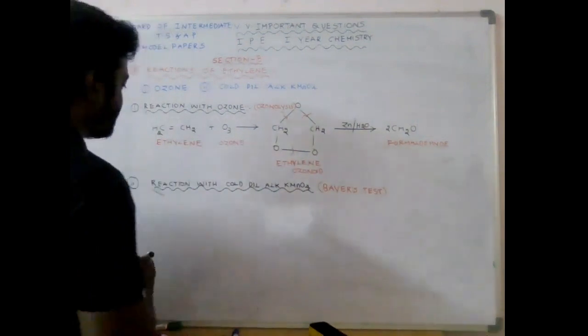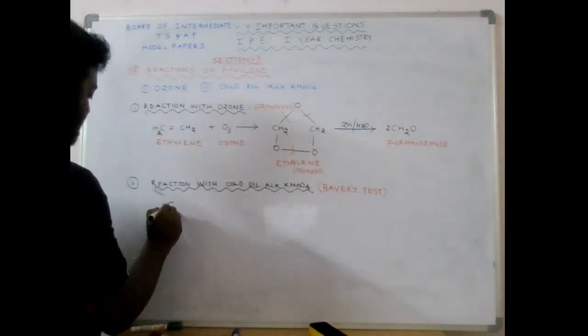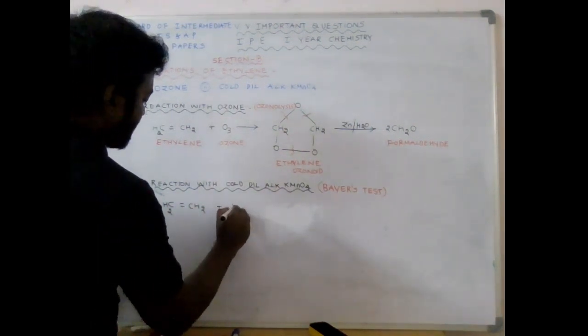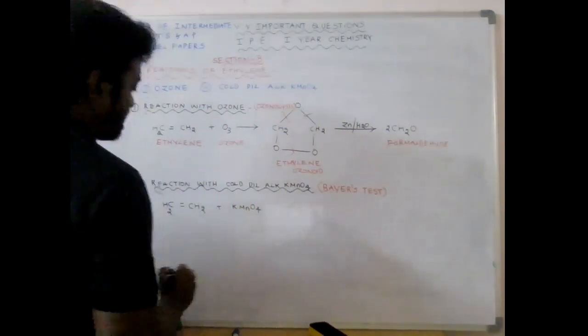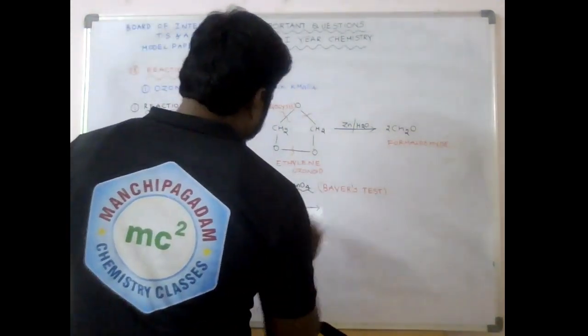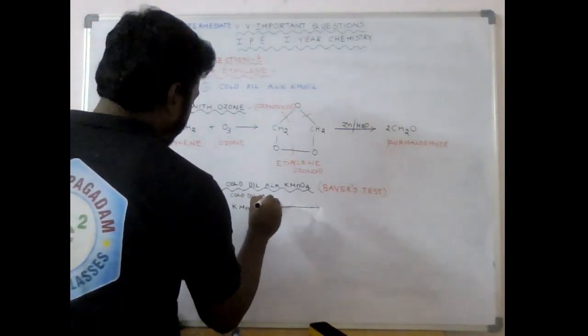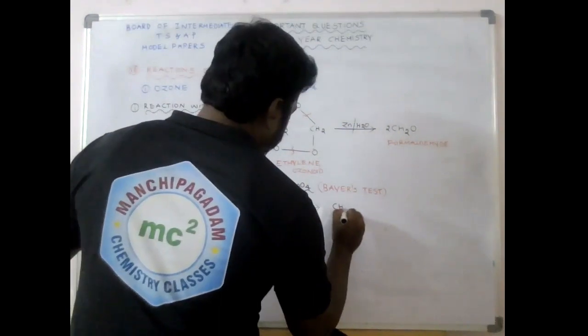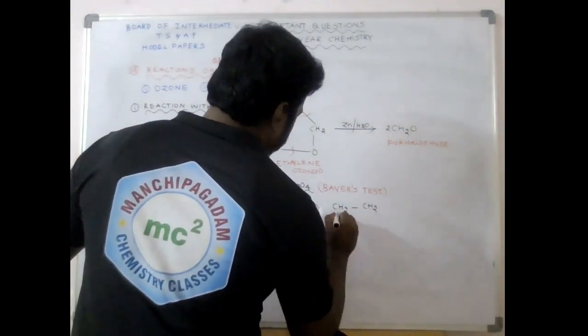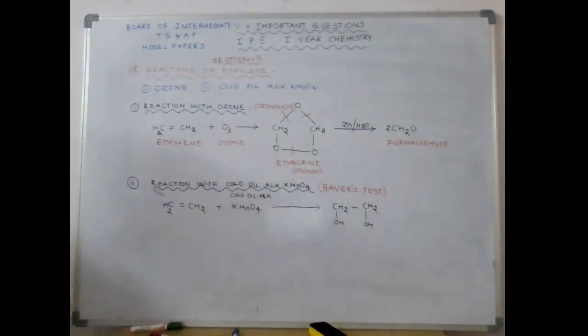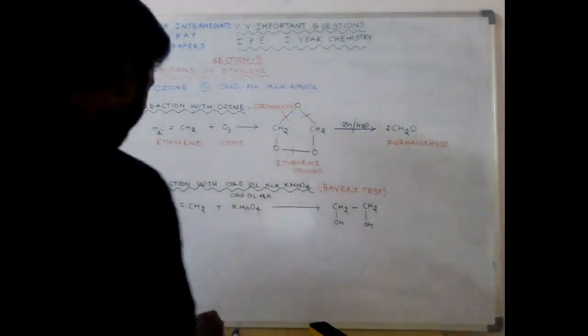Now, what will happen if they react with Bayer's reagent? Ethylene reacting with KMnO4. Directly you can write that cold dilute alkali potassium permanganate will give the product known as ethylene glycol. Here one OH and here one OH will come. So ethylene reacts with cold dilute alkali KMnO4 to give ethylene glycol. That is the statement.